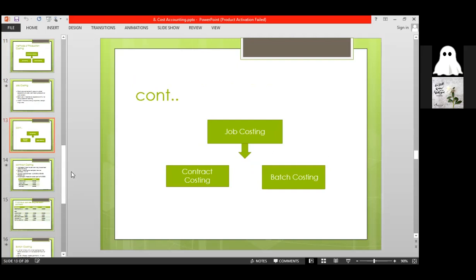Job order costing is of two types: contract costing and batch costing. And contract, as I already explained, is where you make houses or special assignments, where every order is different from the one you had before. So you have to record it separately.